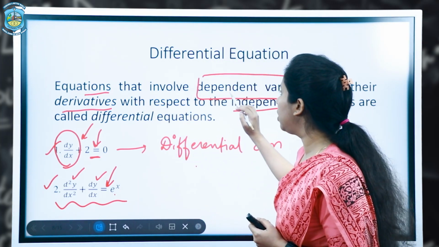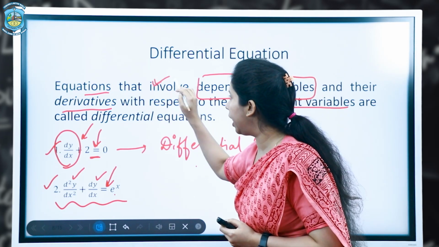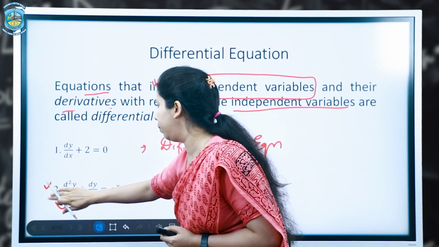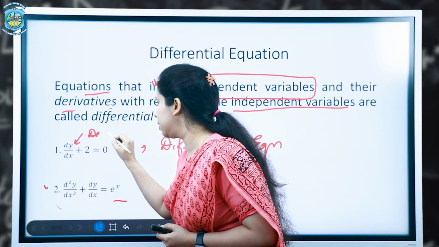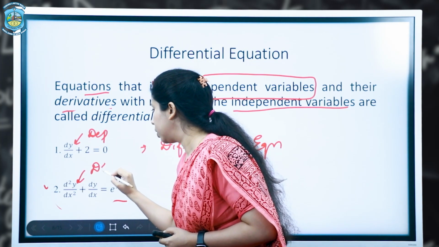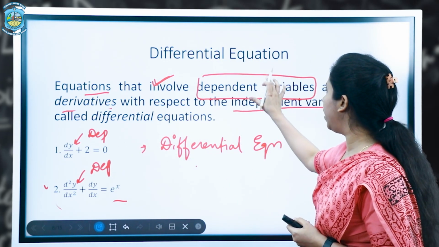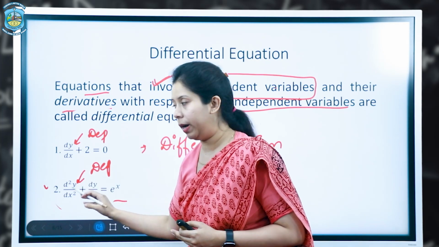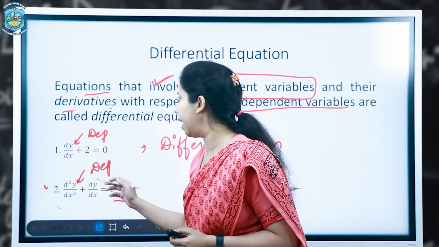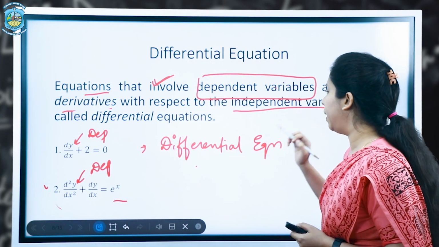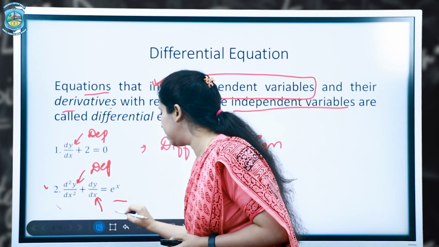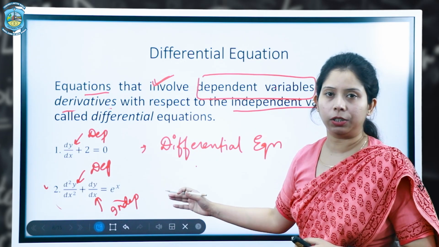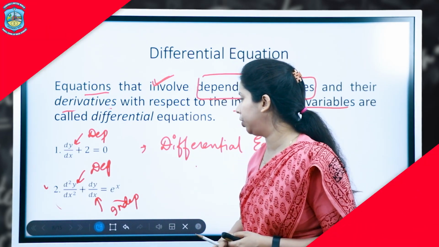It is clearly mentioned that the equation should involve the dependent variable. Here in both the examples, the dependent variable is y. It consists of the dependent variable and its derivatives, one or more than one, with respect to the independent variable, here x. Such equations are called differential equations.